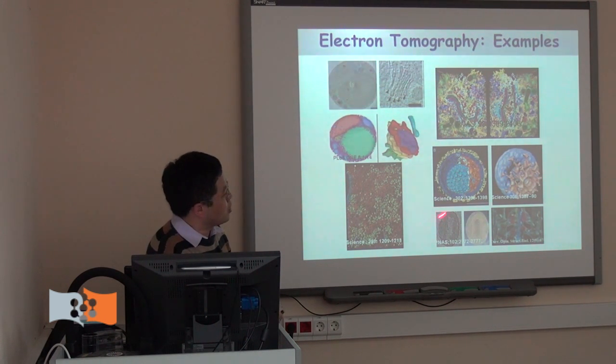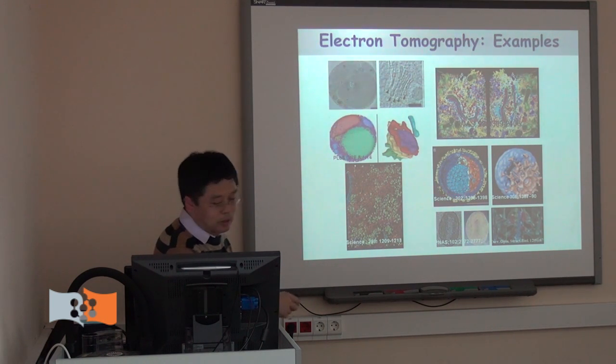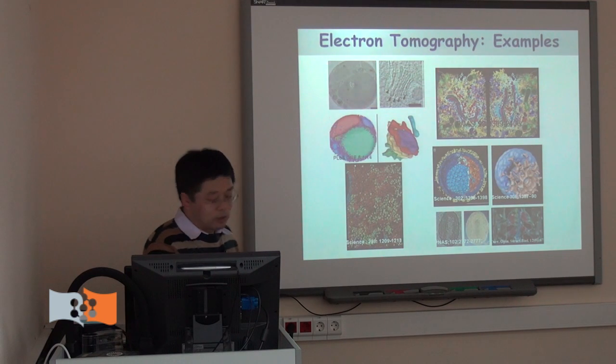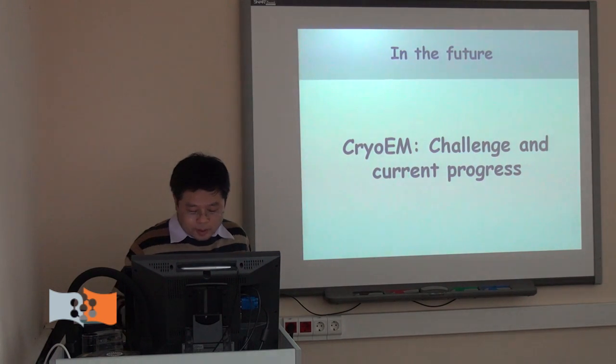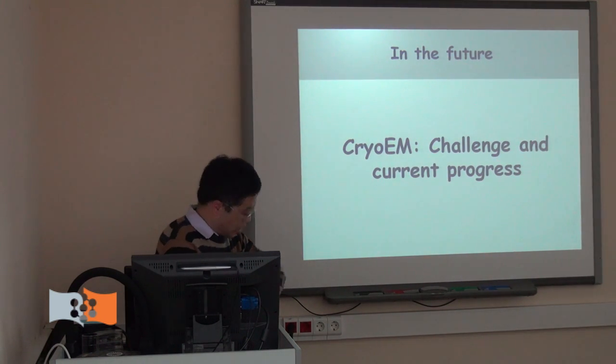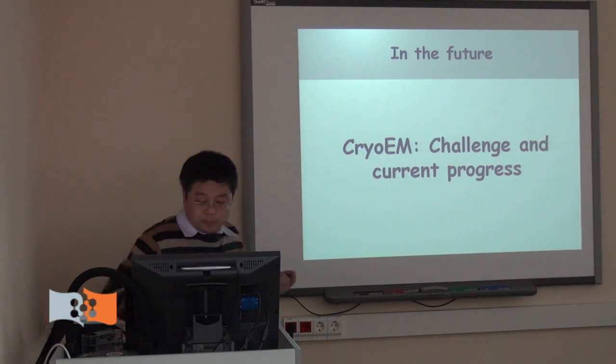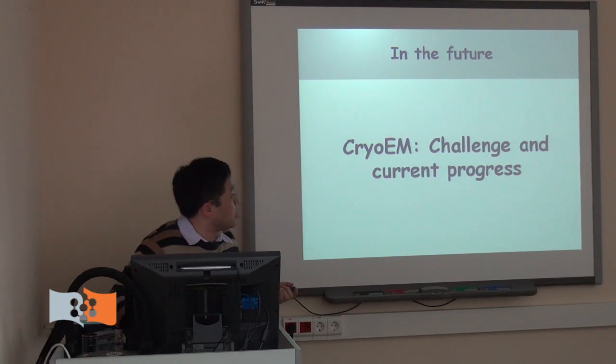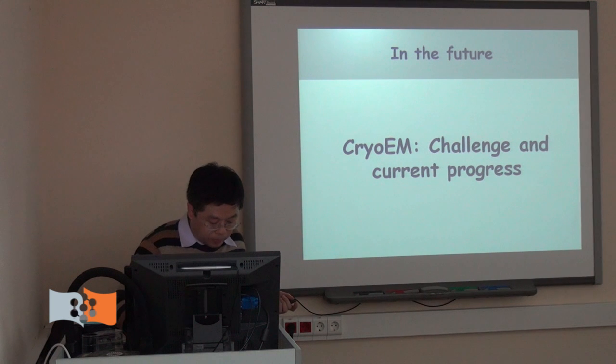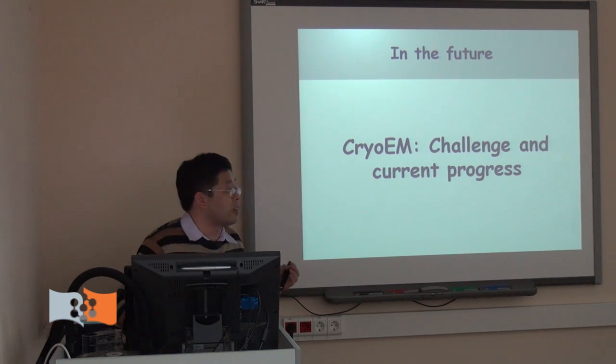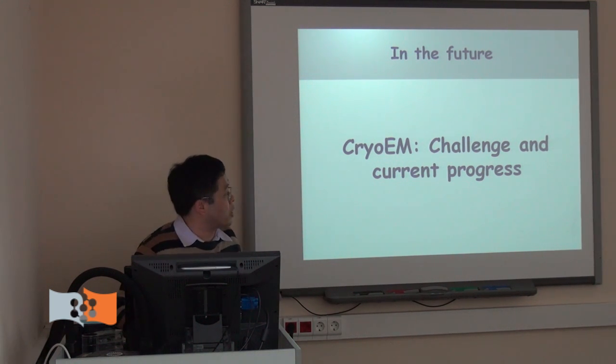So this is another example of electron tomography, dealing with a virus. I just showed several principles of single particle and electron tomography, which are mostly used in the cryo-EM field.